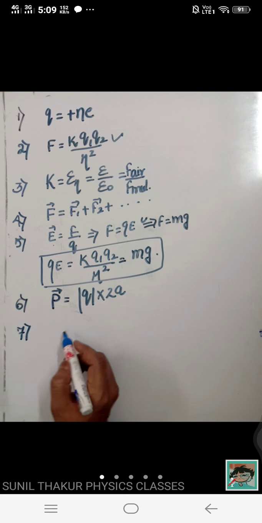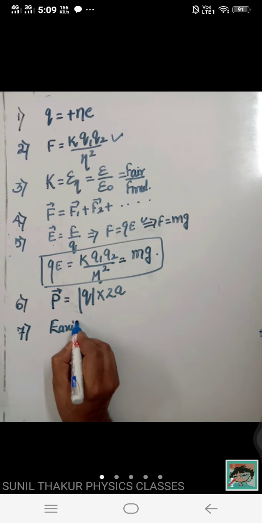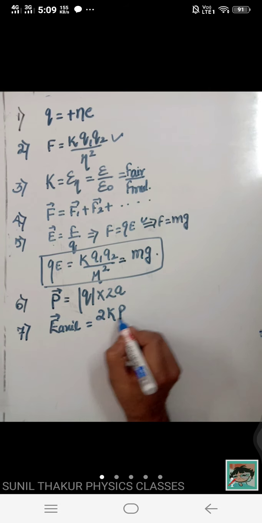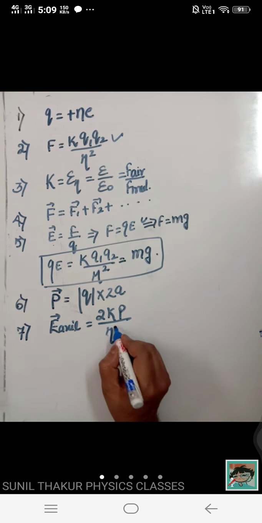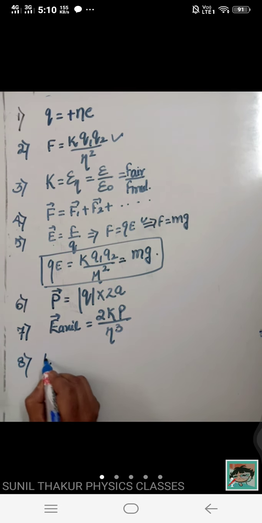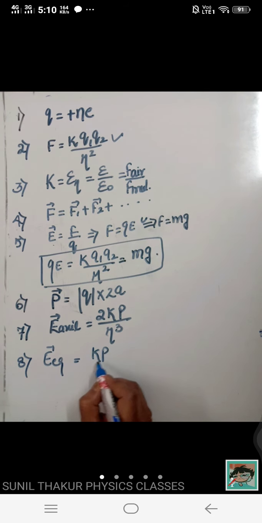Next, electric field on the axial line is given by the formula E axial equal to 2kp by r cube for a short dipole. On the equatorial line it is given by kp by r cube.